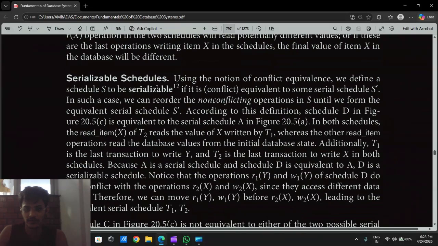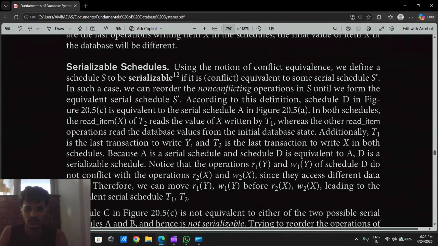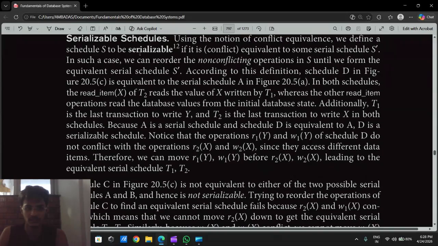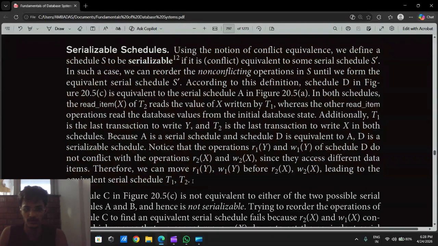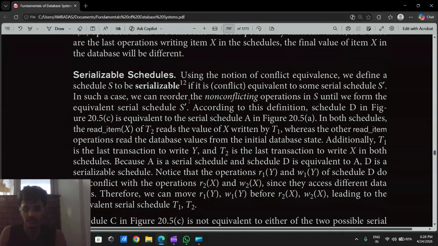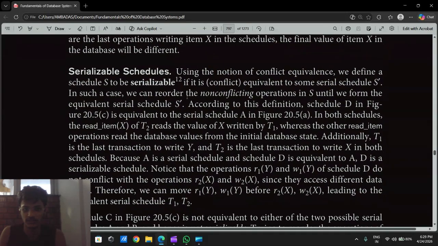There are no interleaved operations in a single schedule. Basically, all the transactions are operated independently. We can convert a schedule into a serializable one if it can be converted to a serial schedule, which means basically the result of a serial schedule matches with this kind of schedule. Well, I'm pretty bad at explaining, but I'll try to improve with time.